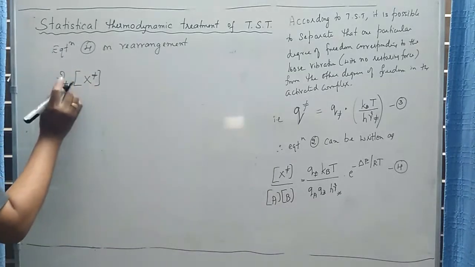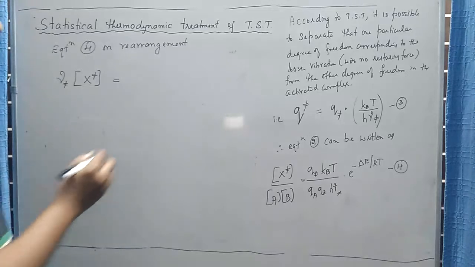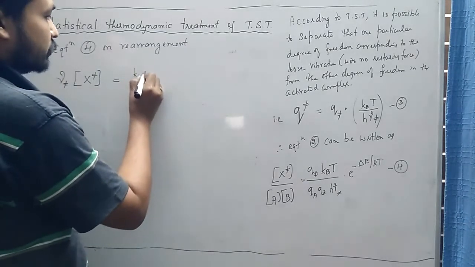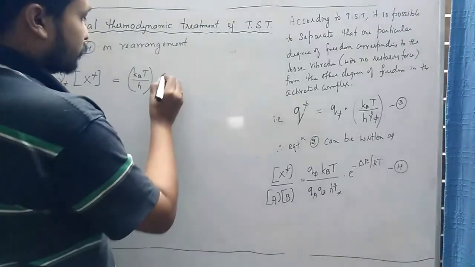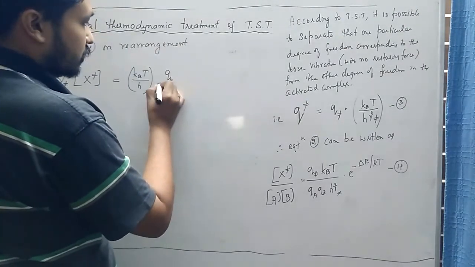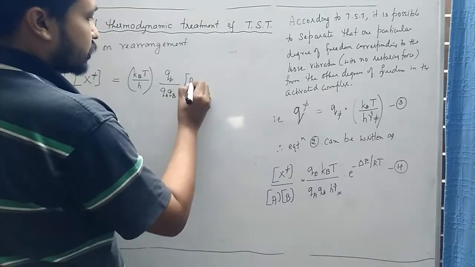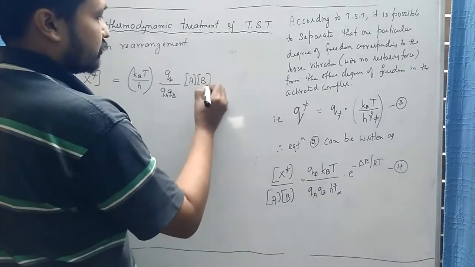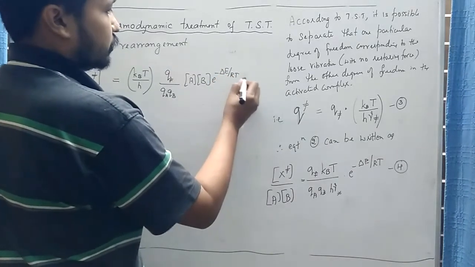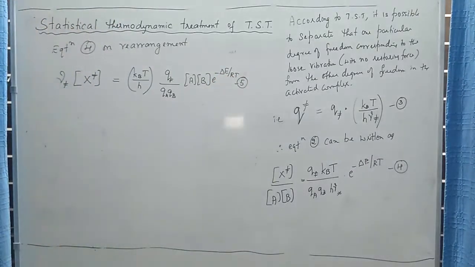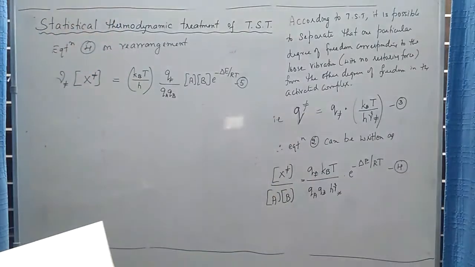So nu dagger into concentration of X dagger is equal to kB T divided by h, into Q dagger divided by Qa into Qb into concentration of A into concentration of B into e power minus delta E divided by RT. So this is the expression that we obtained after rearranging equation 4.